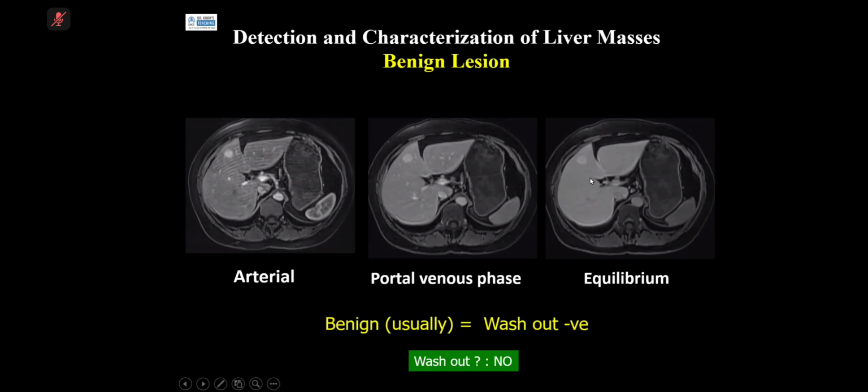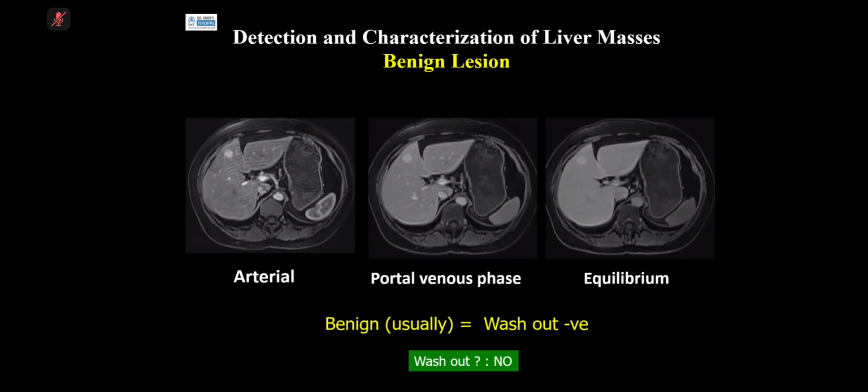Some people actually confuse the concept of washout. They start looking at the lesion and start asking themselves, has it become darker or whatever. Don't do that. Try to just see it vis-a-vis the surrounding liver parenchyma. Even if it is iso-intense to the parenchyma, it means there is no washout.